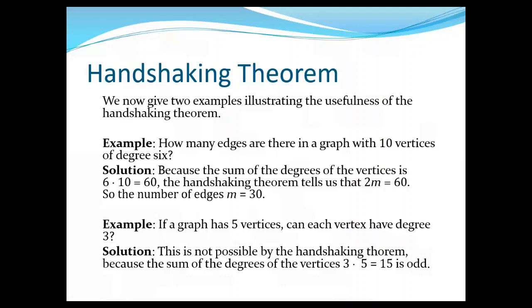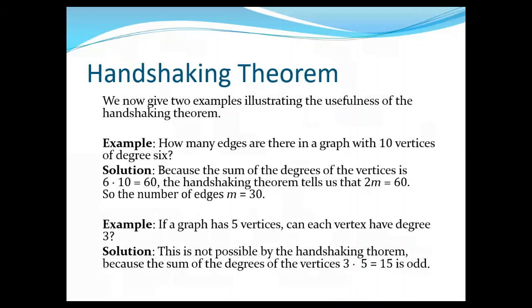It should only be a whole number of edges. So if we add up the degrees and get an odd result, we cannot use the handshaking theorem. Don't forget that. We can only use it if the result is even.